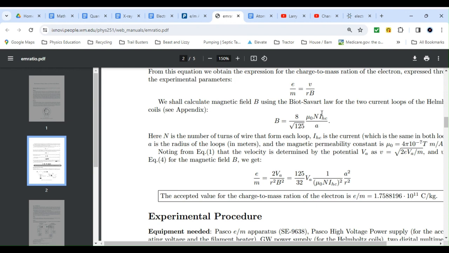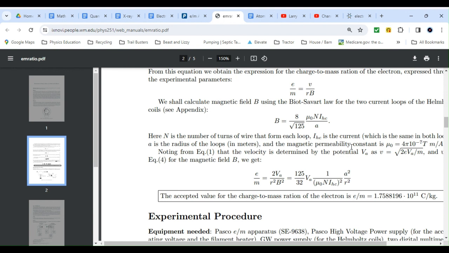Anyway, the current here, I'm going to guess that HC is the current through the Helmholtz coils. N is how many turns of wire you have. You've got more turns of wire, that's going to create a greater field. And this mu sub 0, a Greek letter mu, is what's called the magnetic permeability of the air.